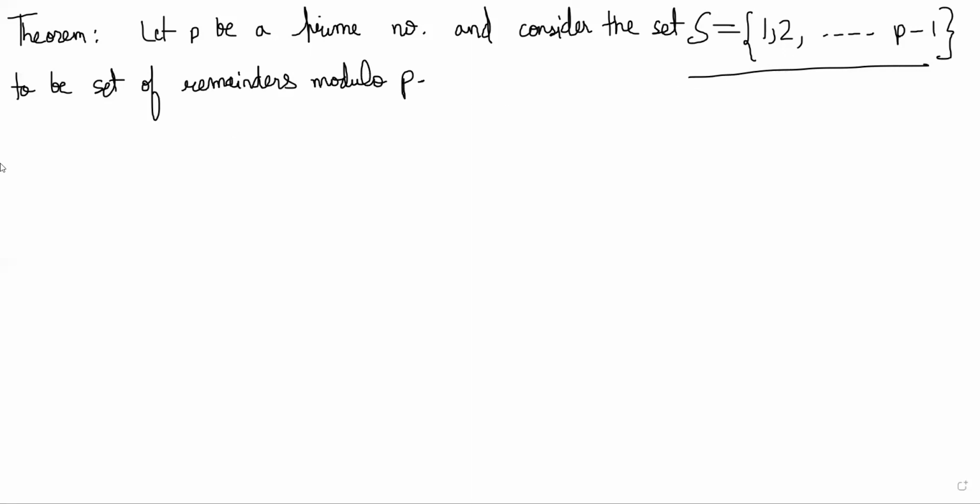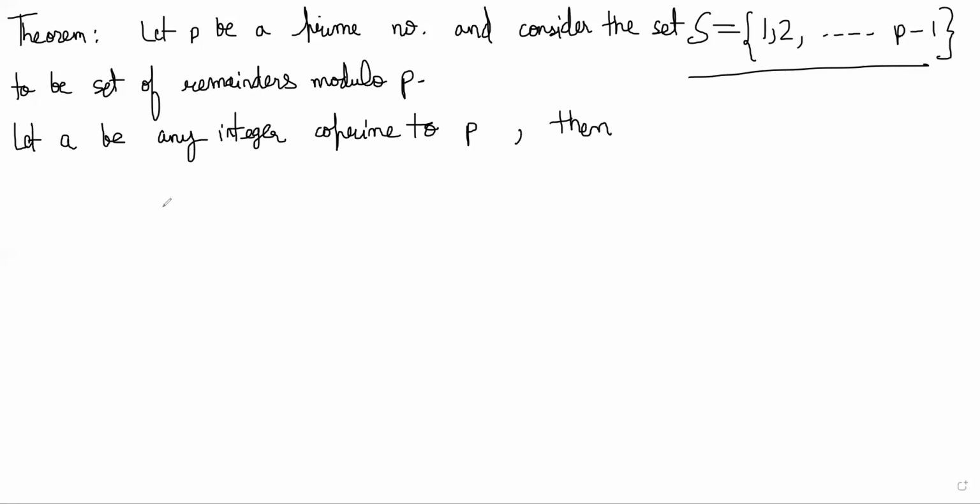Let A be any integer co-prime to P. So basically A and P have no common factors, right?